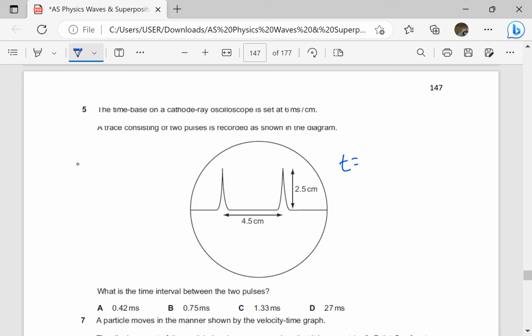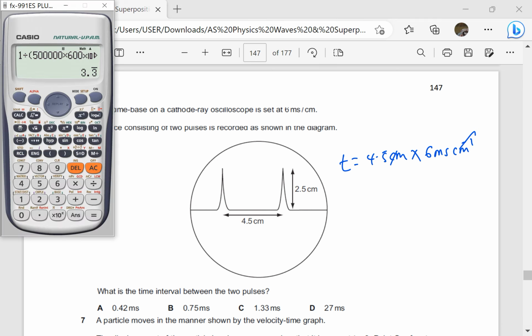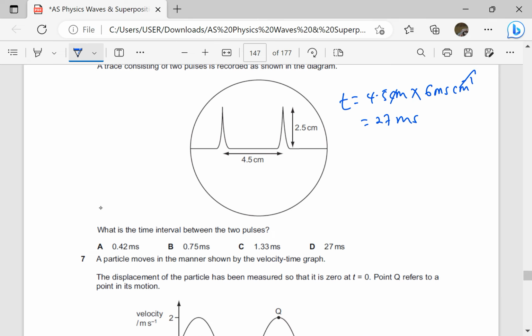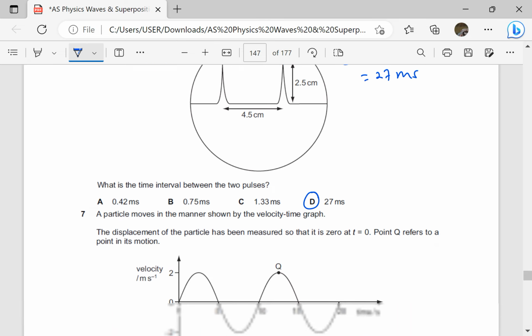So the time interval is going to be 4.5 centimeters times the time base setting, which is 6 milliseconds per centimeter. So per centimeter cancels. 4.5 times 6 gives us 27 milliseconds. So the time interval between the 2 pulses is 27 milliseconds.